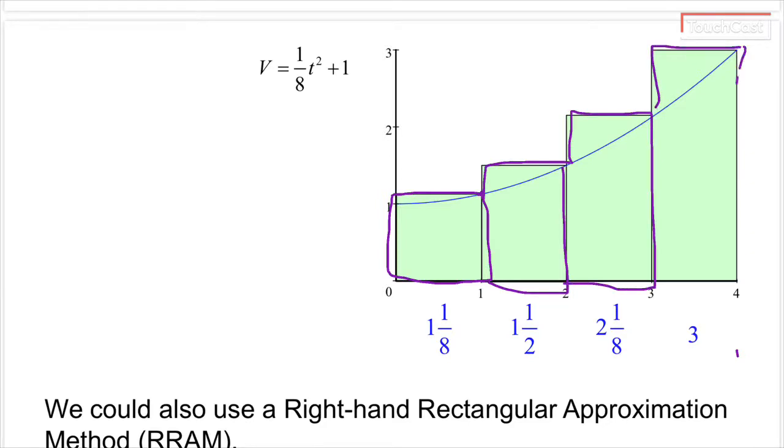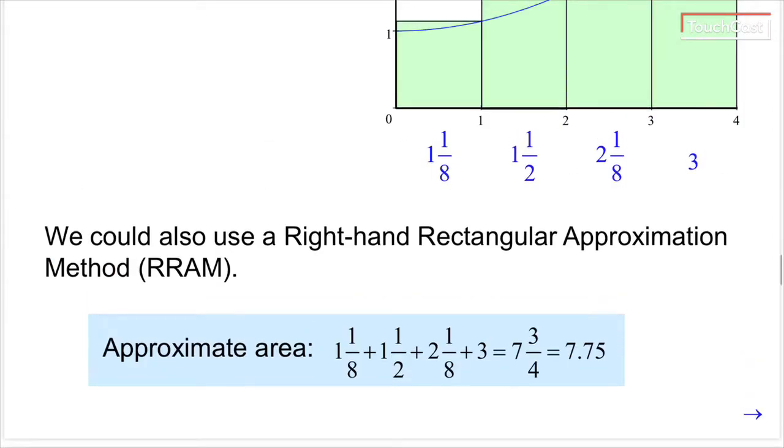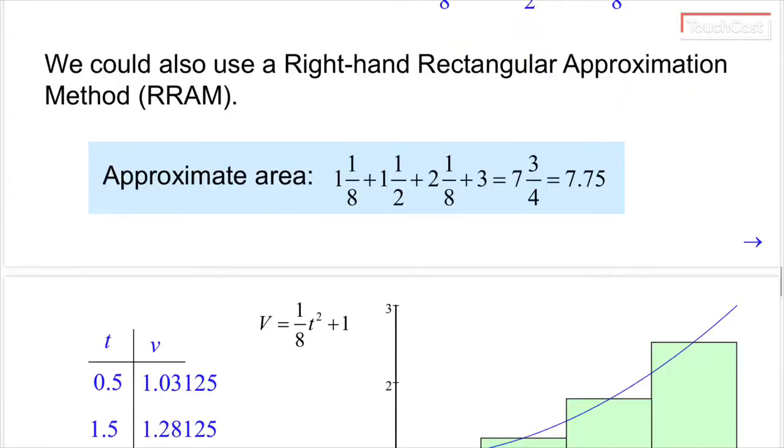Now when I add up the areas of these 4 rectangles, they still have a width of 1 each, but now I have bigger height values for each one. I'm going to get a different approximation, but it's still a good approximation. It happens to be 7.75.